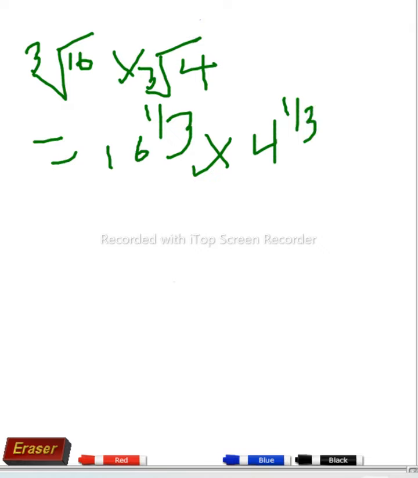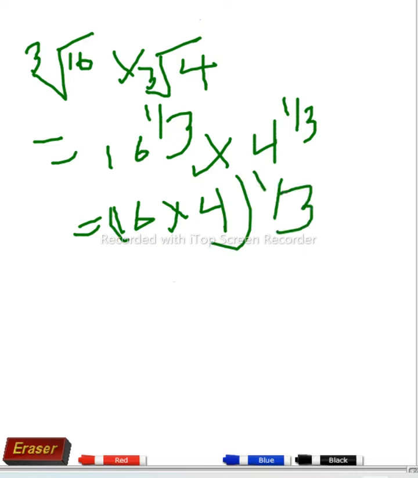So we have the same exponents, and because they have common exponents, we take 60 times 4, which is 64.